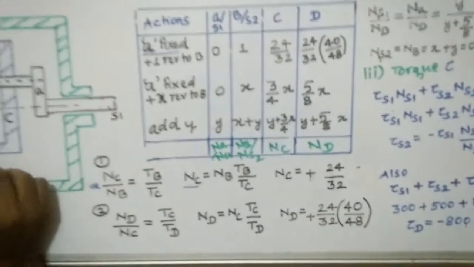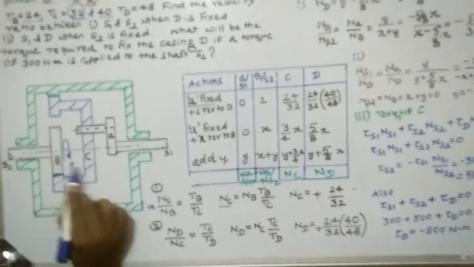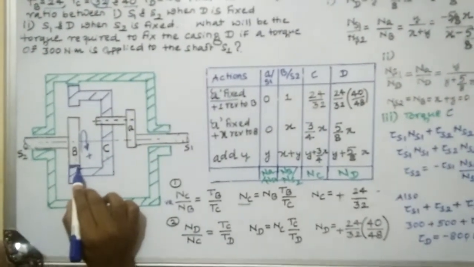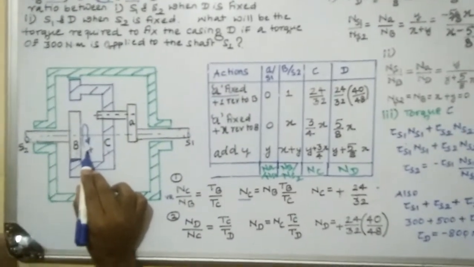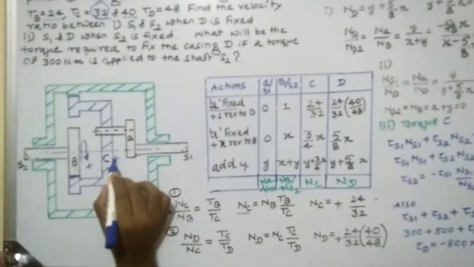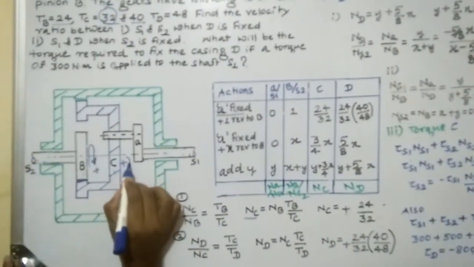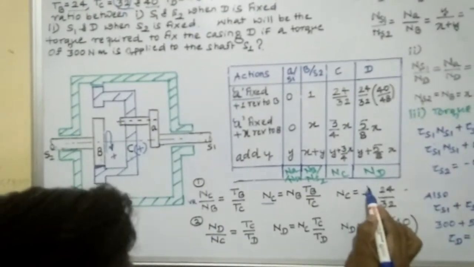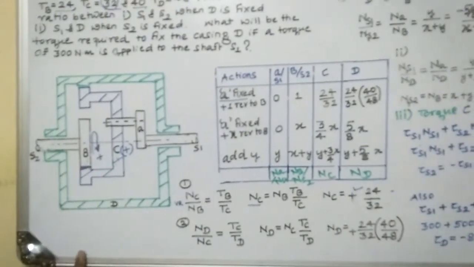Look at the figure, B and C. B has the external teeth, C has the internal teeth. If B rotates positive, C also rotates in the positive direction, that is clockwise. That's why I have taken C also as positive, and the sign as plus. Then come to the D.